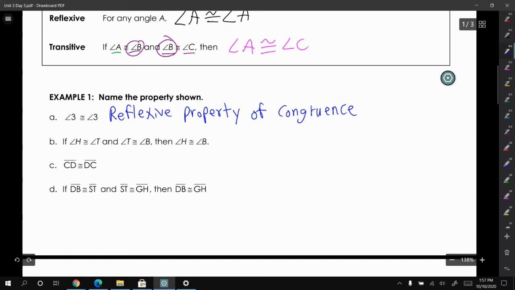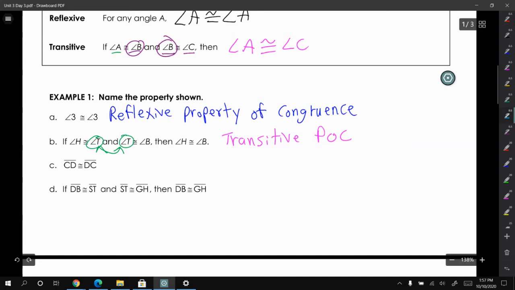And then if angle H is congruent to angle T, and angle T is congruent to angle B, then angle H is congruent to angle B. So angle T here is our middleman. So this is the transitive property of congruence, and we're going to abbreviate this POC. Just like how for property of equality, we said POE, we're going to do POC for property of congruence.